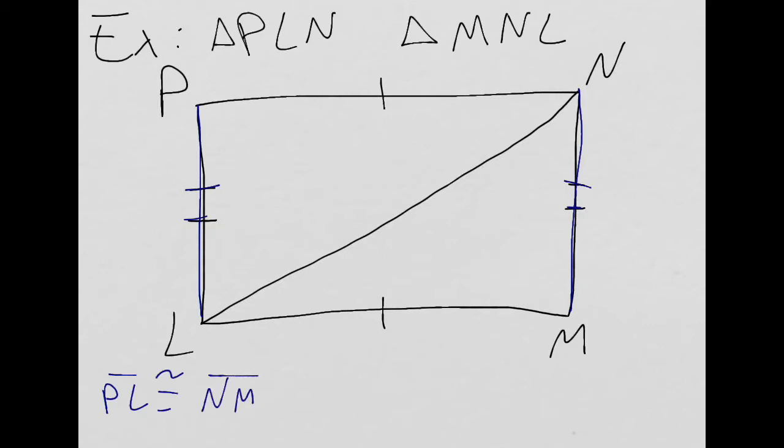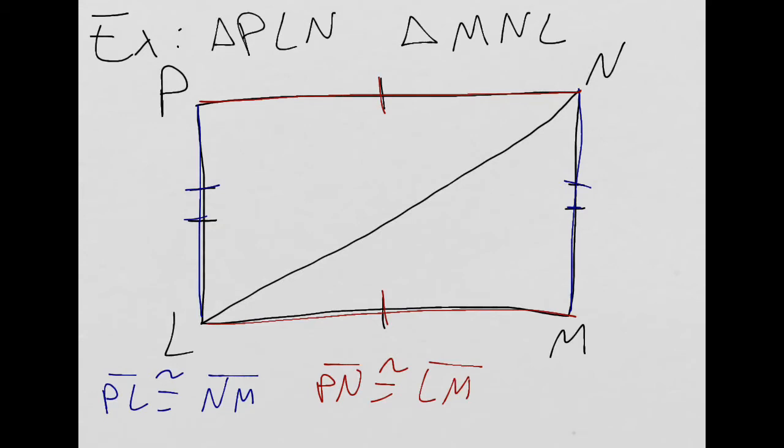Awesome. Next, I have PN is congruent to LM because they also have the same markings. So PN is congruent to LM. Now here comes the tricky part. This is one where we get to use one of our equivalency properties.